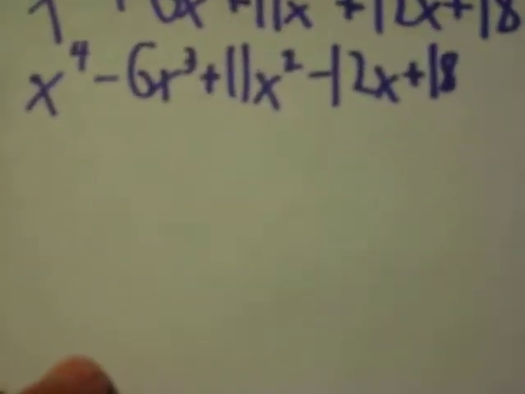Then we use the equation Q over P to determine the possible rational zeros. In this case, Q is equal to the trailing term, and P is equal to the leading coefficient.